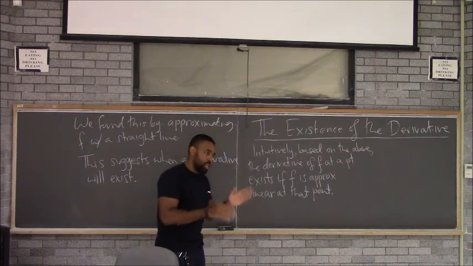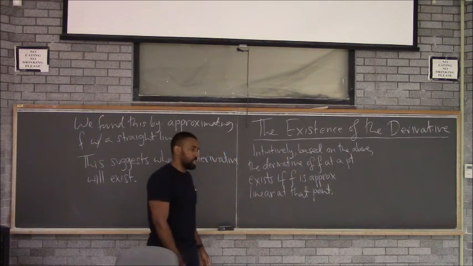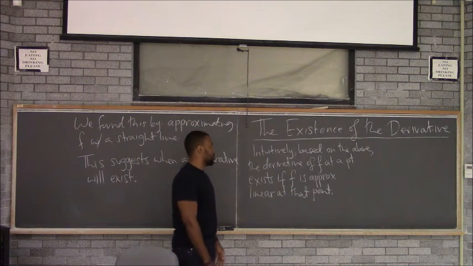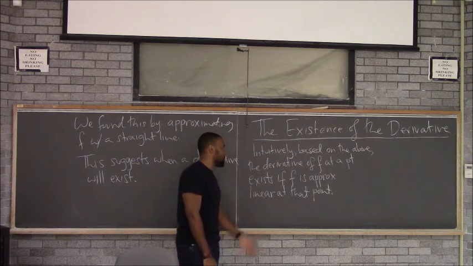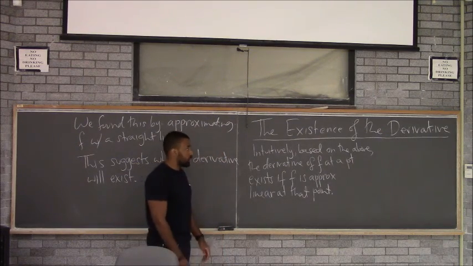Meaning, if I zoom in, the function starts to look like a straight line. The more I zoom in, the more it actually looks linear. So I can approximate it with a linear function.